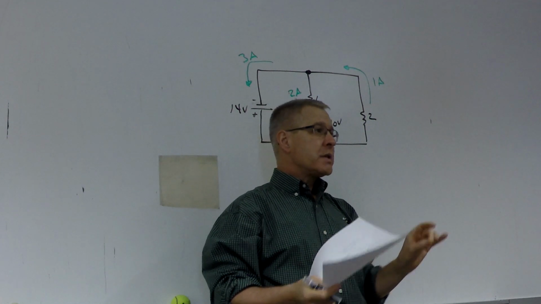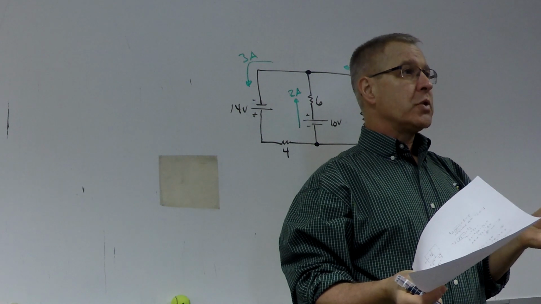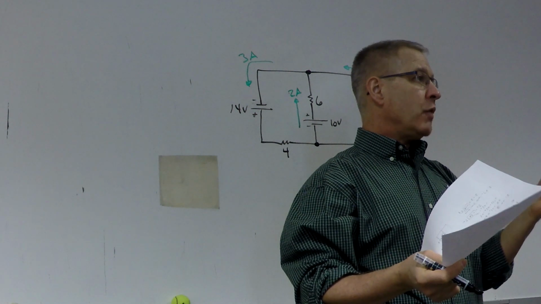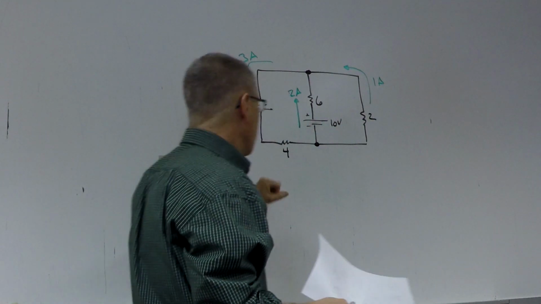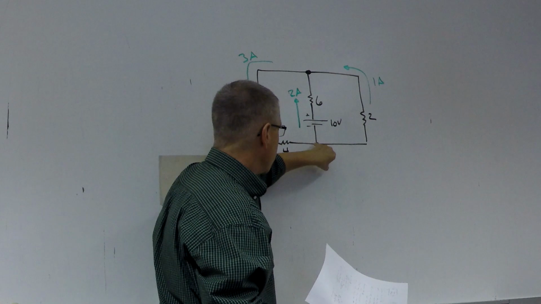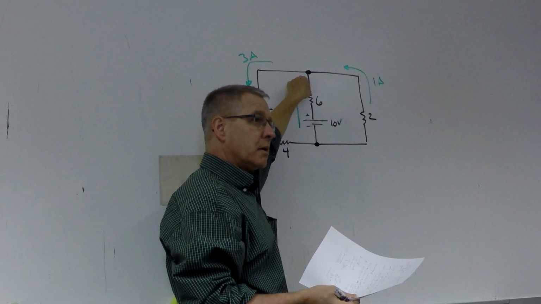We can actually use, basically it's like part of a loop rule to figure out what is the potential difference between any 2 points if we didn't get all the way back to our starting point. So let's say I want to know what's the potential difference from here to here. So starting at the bottom one, going to the top one.